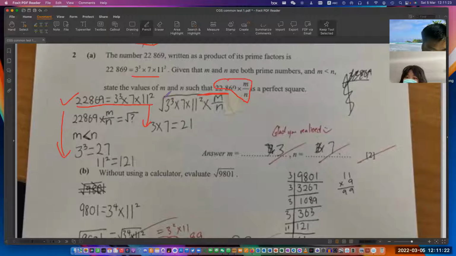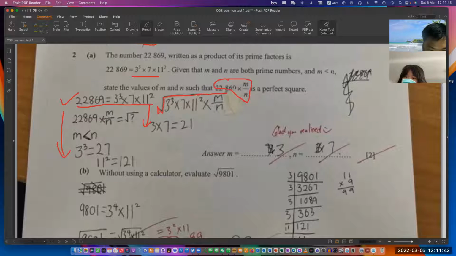So you need to use the square root over the entire thing, including the m over n, which you did not include. So that's why I say you're wrong. You need to include it.